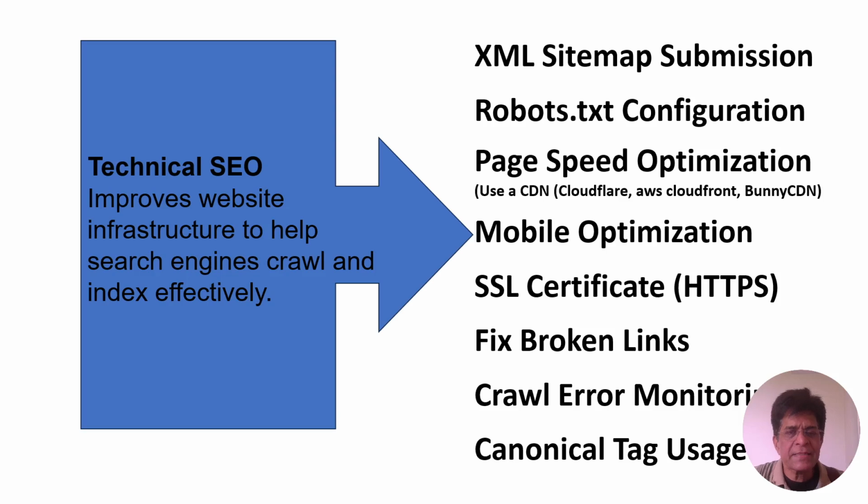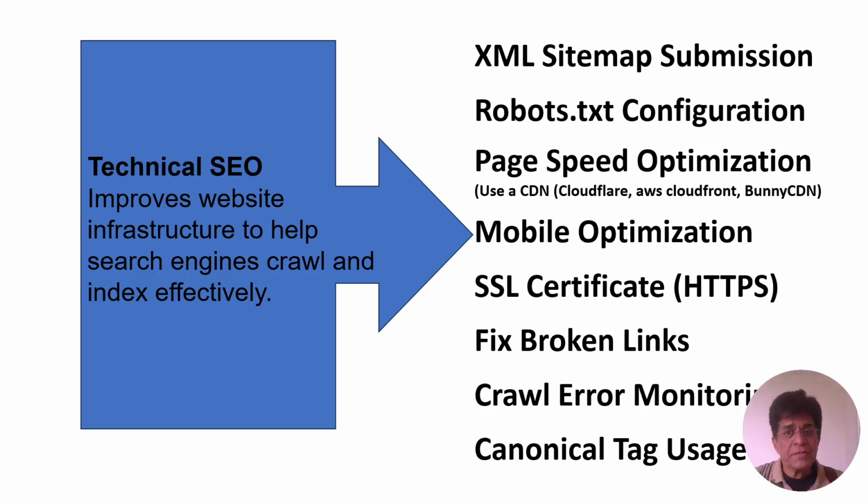If somebody is accessing our web page, which is in India, from the US, and if there is a server in the US and we redirect the person to the US server rather than the India server, then the page speed will be optimized. The pages will be loaded very fast.